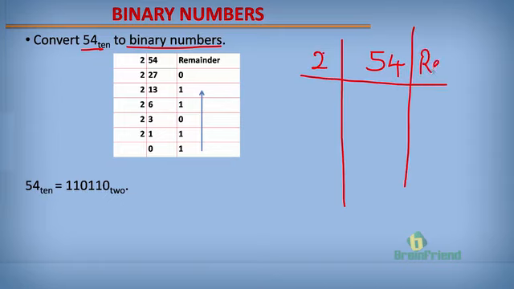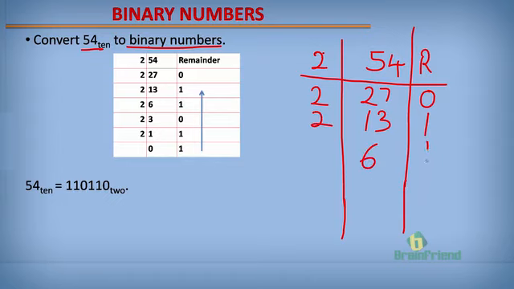So this is our remainder column. 54 divided by 2 is 27. The remainder is 0. 27 divided by 2 is 13. The remainder is 1. 13 divided by 2 is 6. The remainder is 1. 6 divided by 2 is 3. The remainder is 0. And 3 divided by 2 is 1. The remainder is 1. 1 divided by 2 is 0.